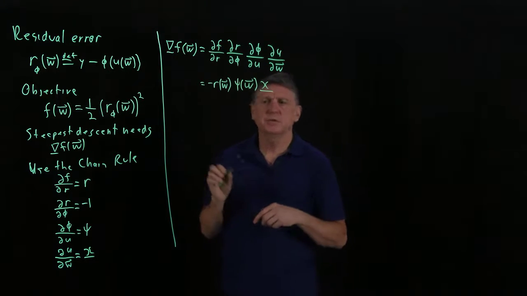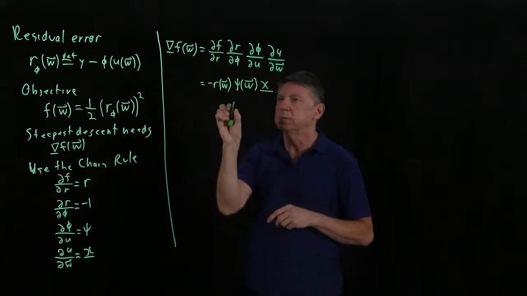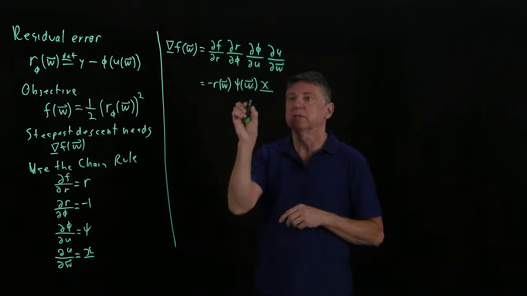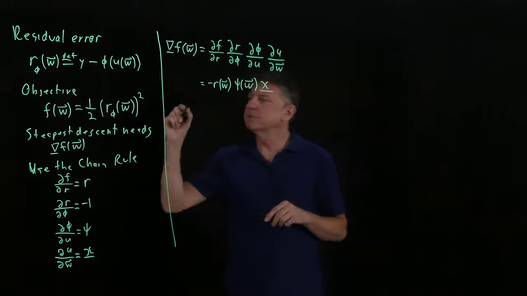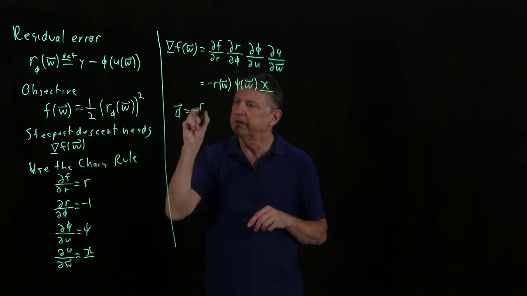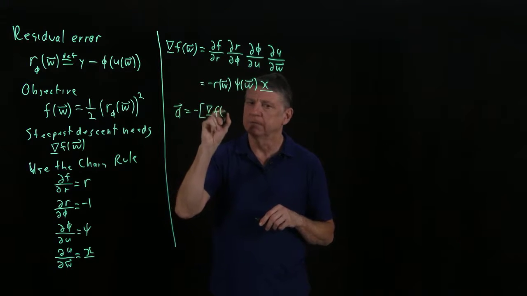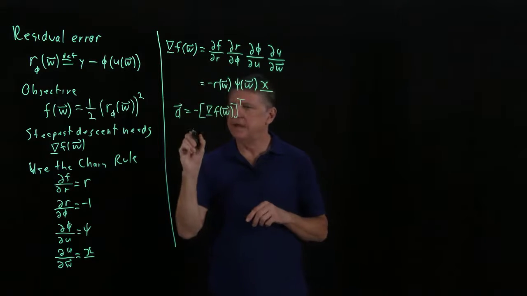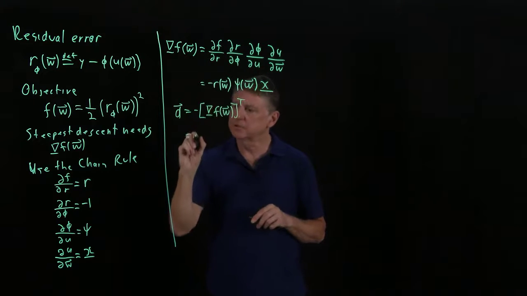And let's just check our units here. R is a scalar value. C returns a scalar value. So it's minus a scalar times a one form, which is a one form, and that's correct. So the steepest descent direction, D, we know that is minus the transpose of the gradient. And that equals, these minuses will cancel out. This is a scalar, so we keep it.